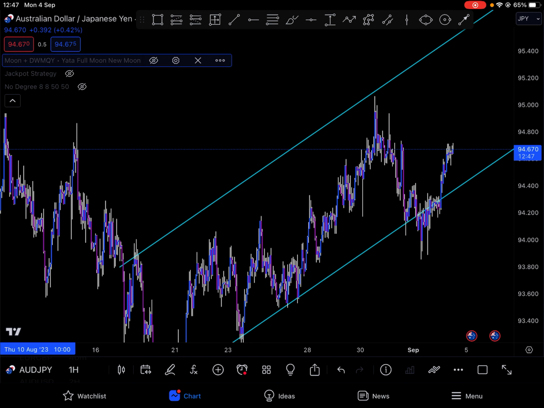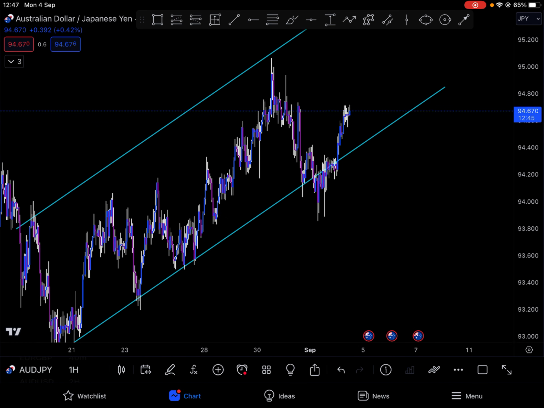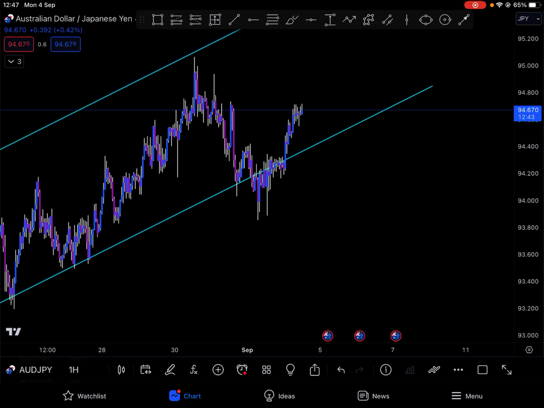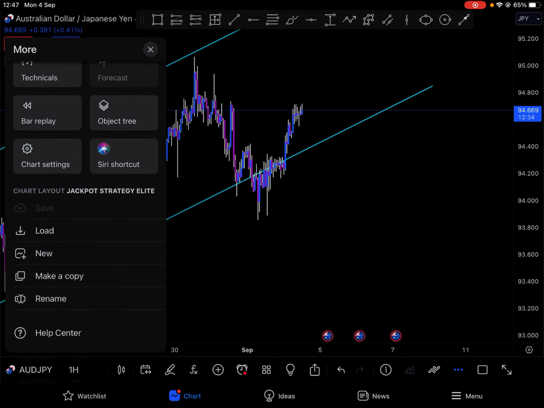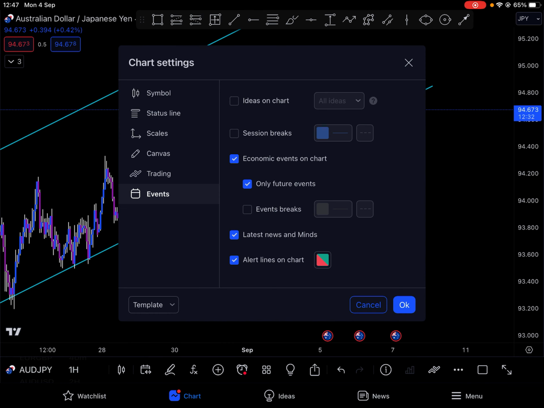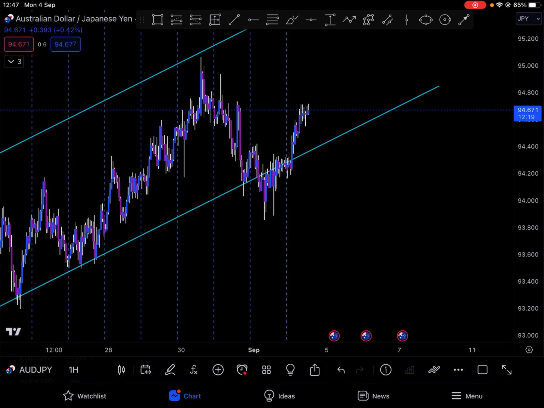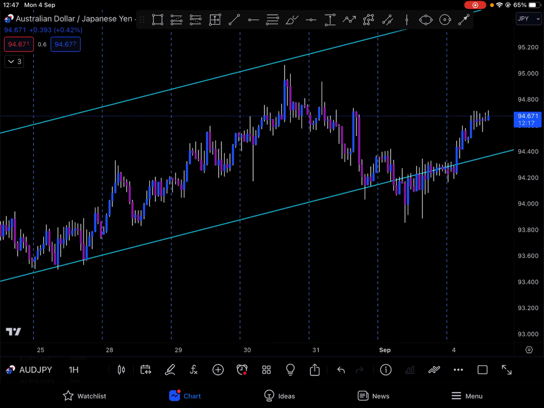And one thing I forgot to mention is, if you don't want to use this indicator, you can use this instead. You just need to go to your settings, and over here there's a built-in session breaks. I'm not going to call it an indicator, but yeah, we can call it an indicator too. All you need to do is click on that, and it literally does the same thing as the indicator.